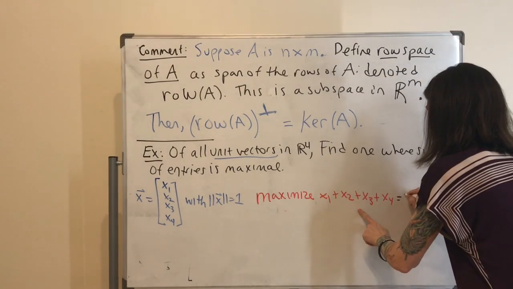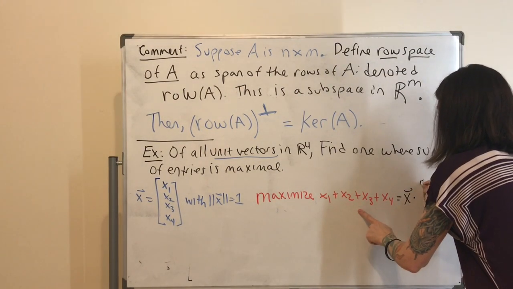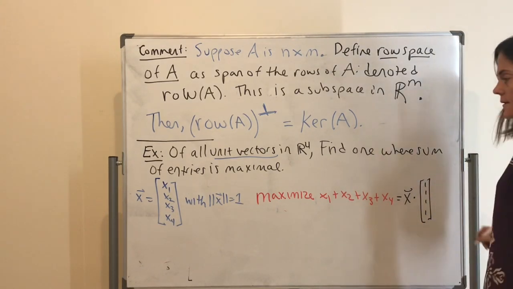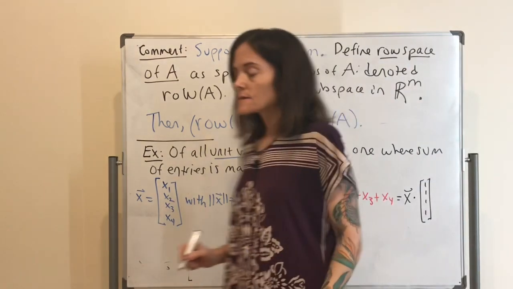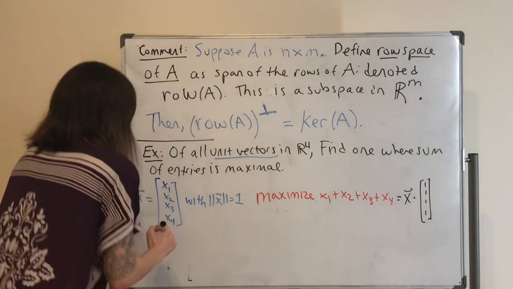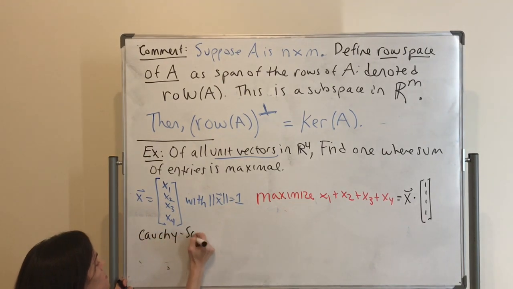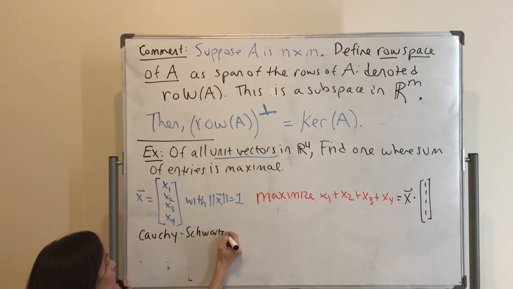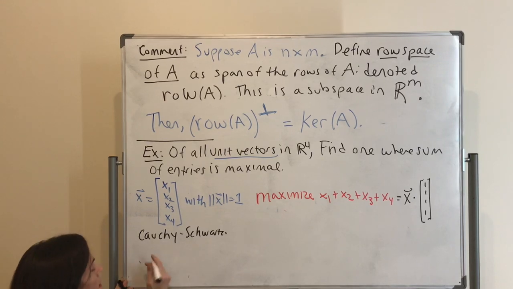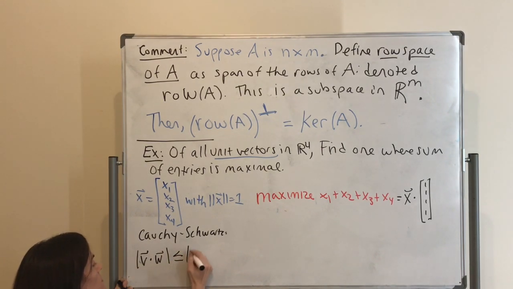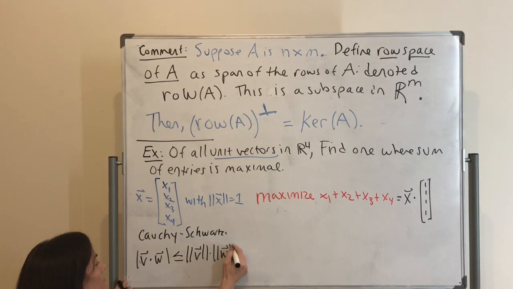So this is just x dotted with 1, 1, 1, 1. And then what else can we use? We can use Cauchy-Schwarz, which says anytime you have v dot w in absolute value, it's less than or equal to the length of v times the length of w.